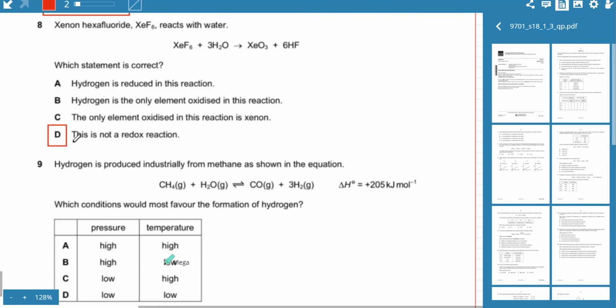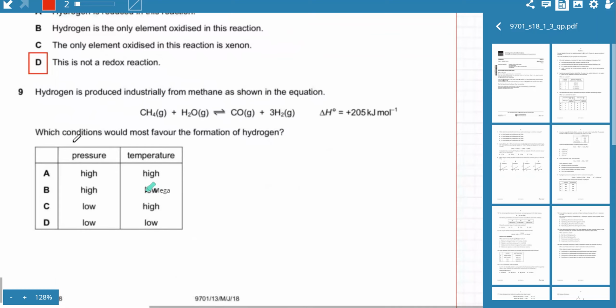The next part is, he's saying which conditions would most favor the formation of hydrogen gas. You want more hydrogen gas. You want the equilibrium to go in the forward direction. And it's an endothermic reaction. When are endothermic reactions favored? High temperature, low temperature? High. Le Chatelier's principle is that high temperatures favor endothermic reactions.